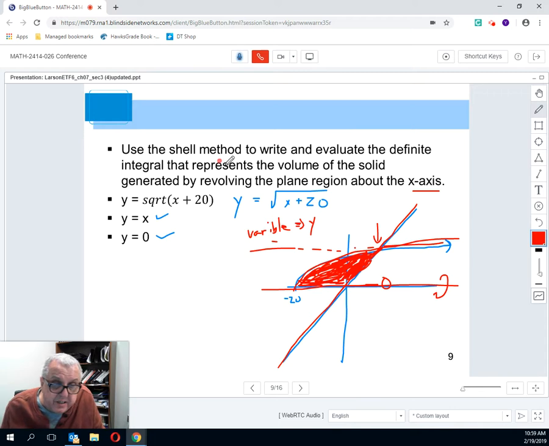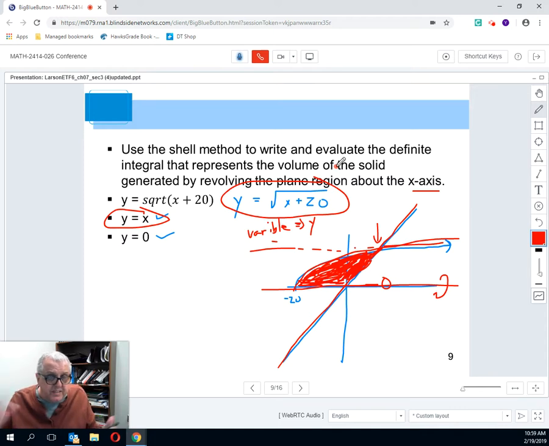I want to find out the intersection of this line and this equation. I want to find the intersection of those two equations. So first we want to find out where those two cross. And once again, we're integrating with the y-axis, so I want to make y my variable. So I want to change this equation to x equals, the function x equals.